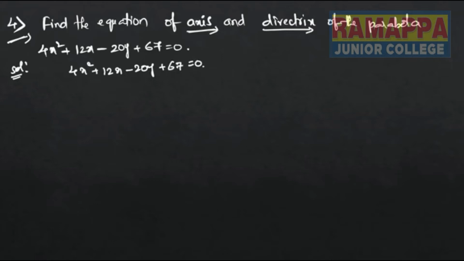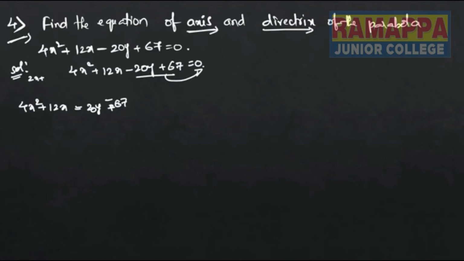We take these two terms to the right side of the equation, and we get 4x square plus 12x is equal to 20y minus 67. Now, here 2x square, so 2x, and 2x into 6x.